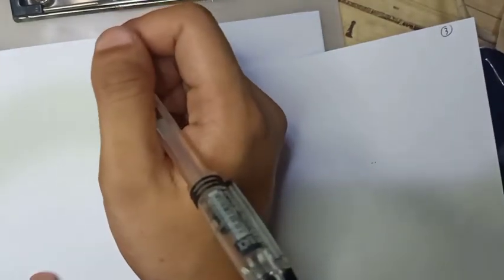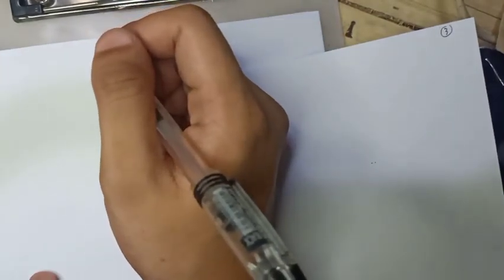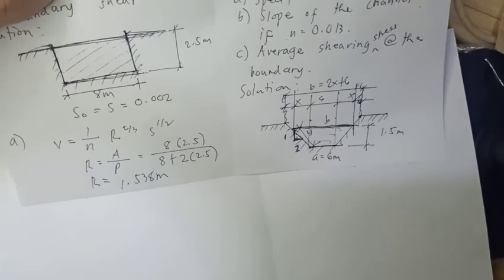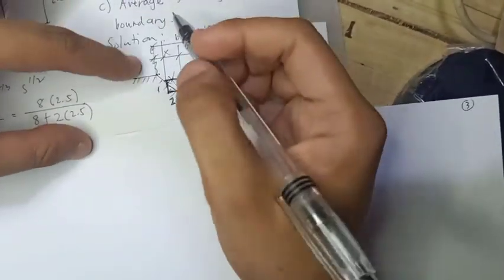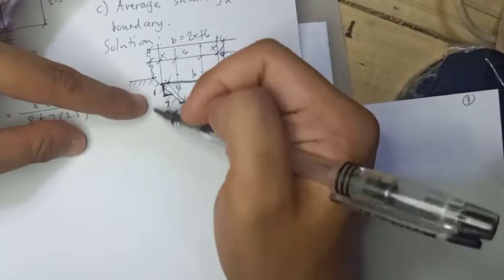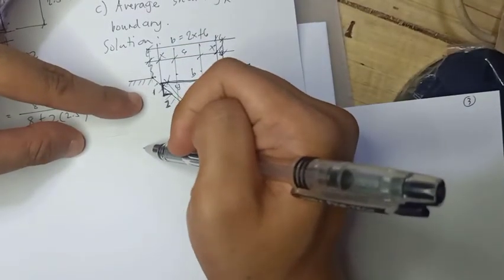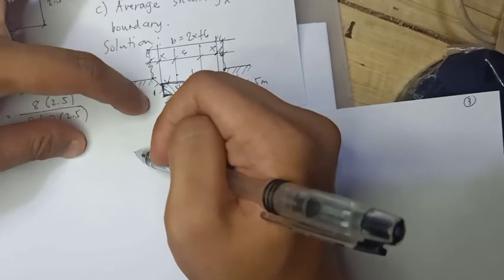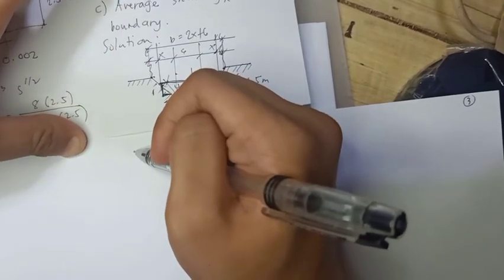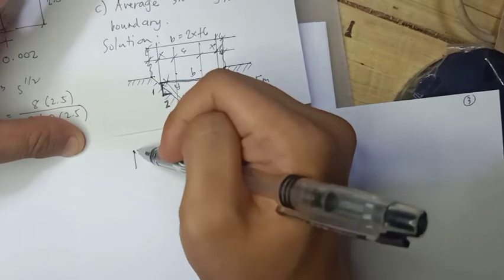So, as you can observe, we can use the similar triangle. Diba, ganyan.